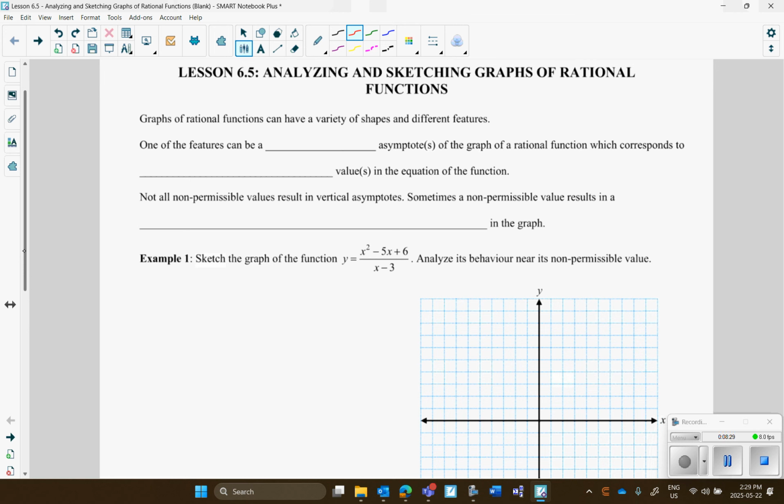Sometimes we're going to see there's not curves involved. We're actually going to see that pretty quickly, but I'll talk about that in a second. So one of the features is the vertical asymptote, or asymptotes if there's more than one. And they correspond to the non-permissible values of the equation.